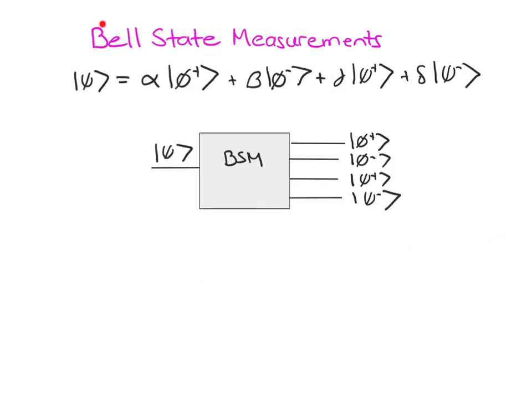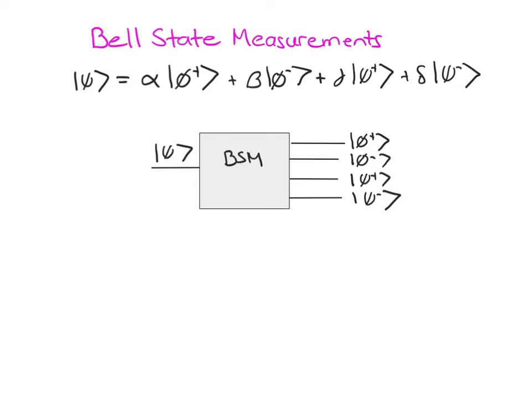Okay, so now when we talk about a Bell state measurement, all we mean by that is a generalization of the sort of thing we saw in the one particle case. We'd like some sort of device where we could start off with some two photon state that is in general a linear combination of the Bell basis states that looks like this.